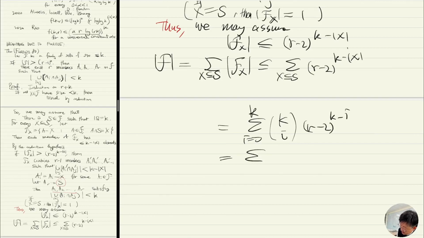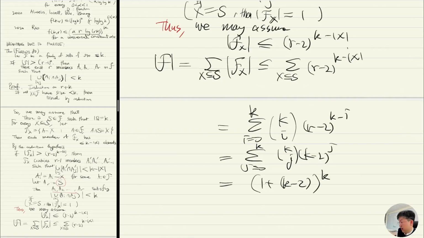If we replace k minus i by j, then this is the sum giving (1 + (r-2))^k. So it's (r-1)^k. So that's a contradiction, right? We assumed that the size of F is bigger than (r-1)^k. So it's a weaker version than the original Erdős–Rado conjecture.